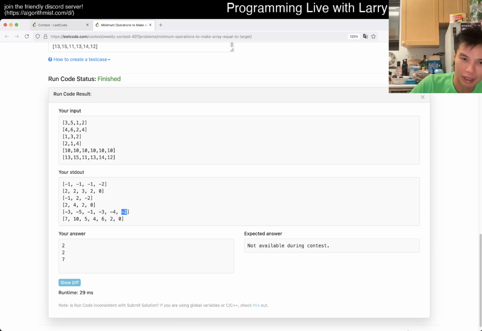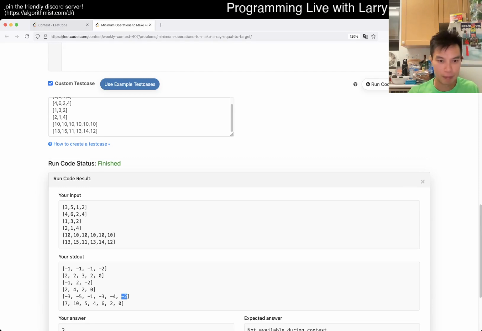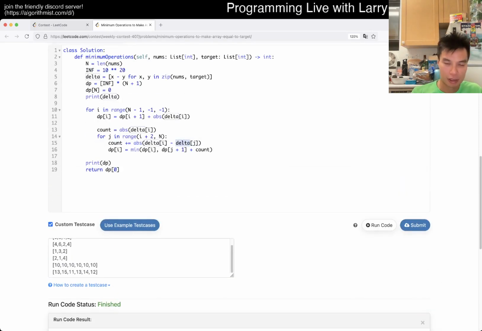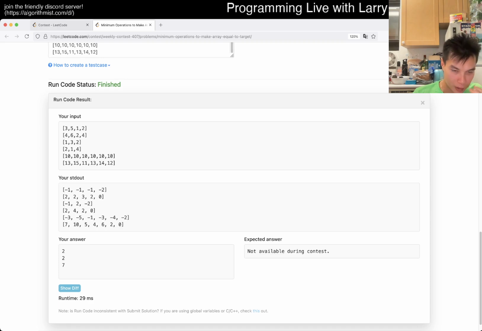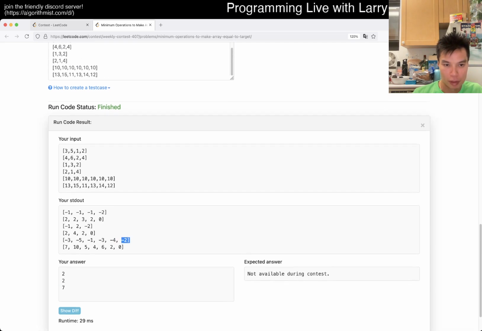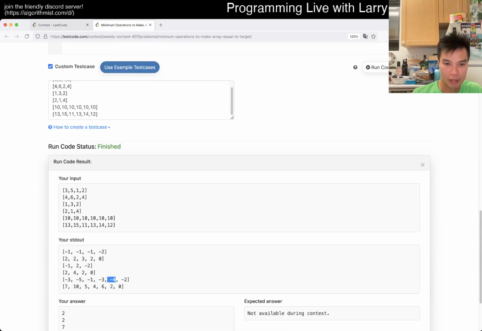So maybe I'm just misunderstanding something here. Like this is not a good recurrence. So okay, so -4, we do -2. So it only does 4 because we stop after -2, right? How do you handle that?